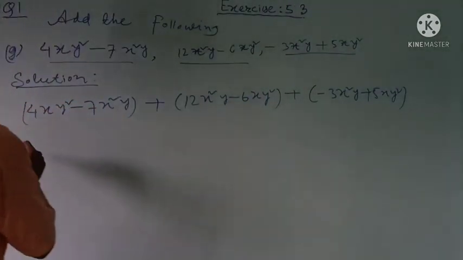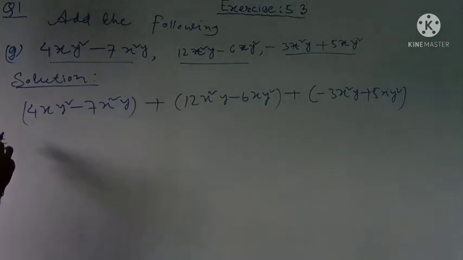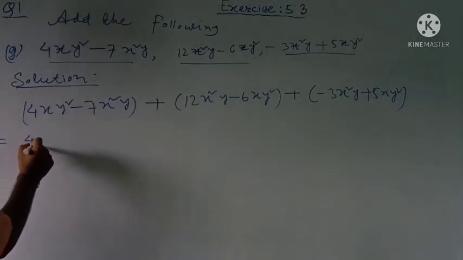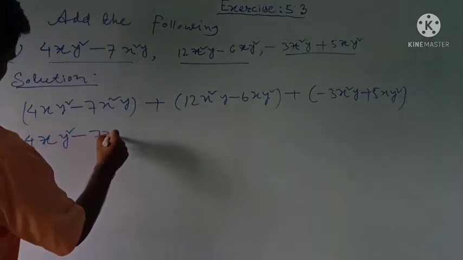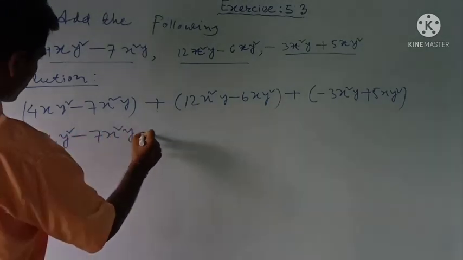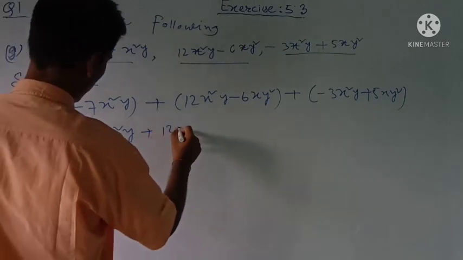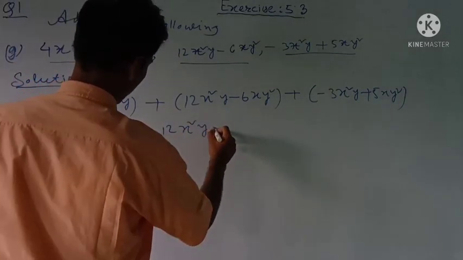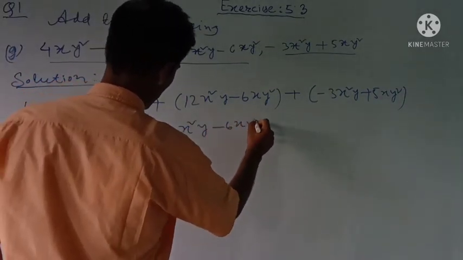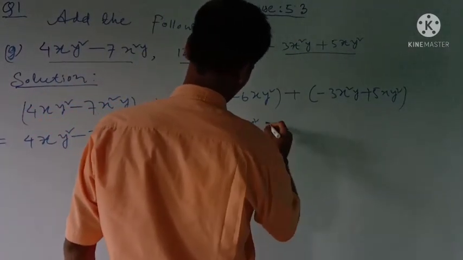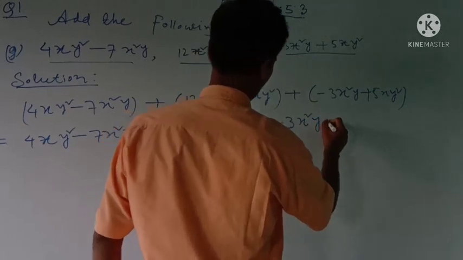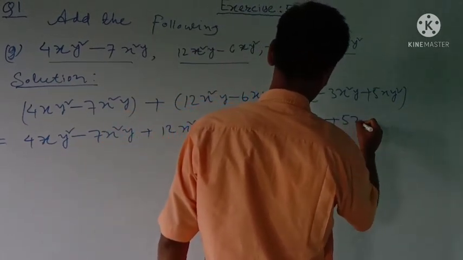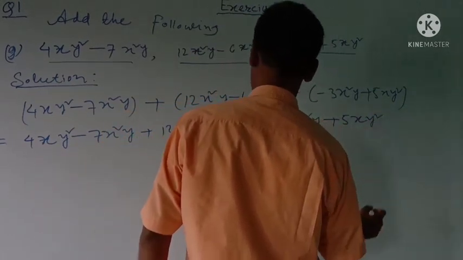Okay, now in the following step, see: 4xy square minus 7x square y plus 12x square y minus 6xy square, now plus minus 3x square y plus 5xy square.